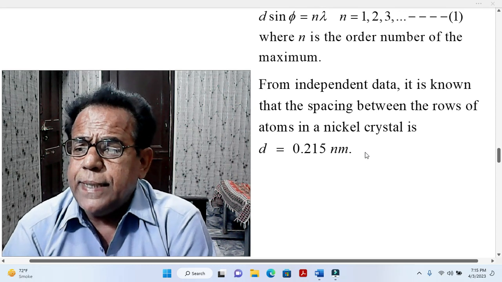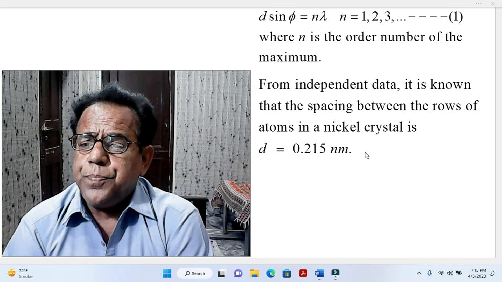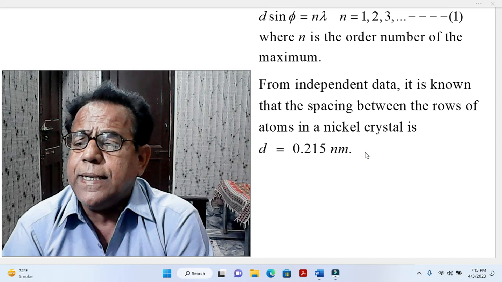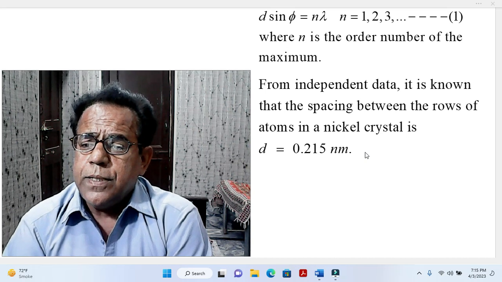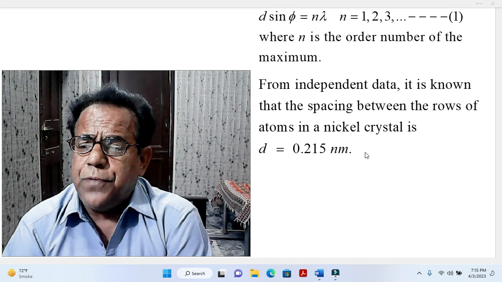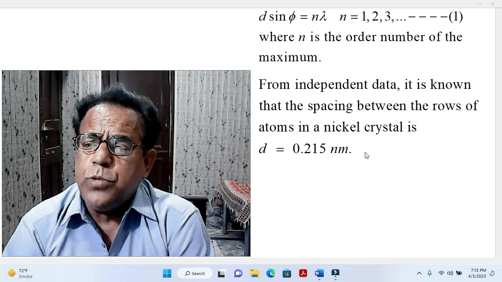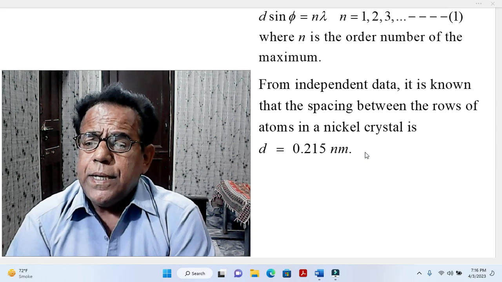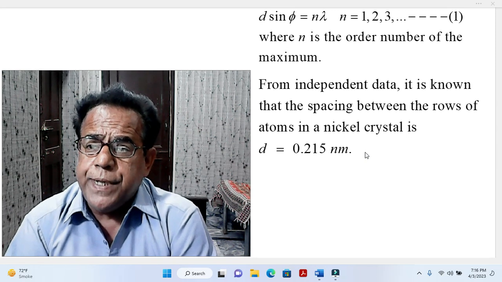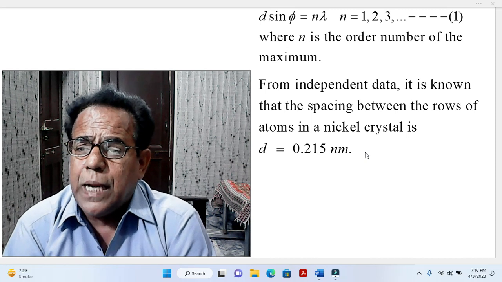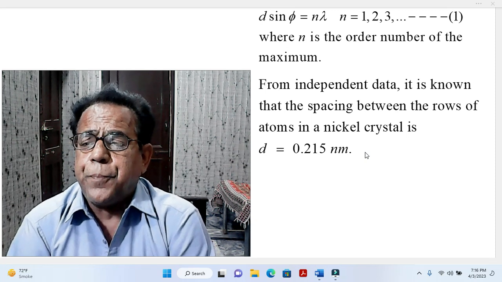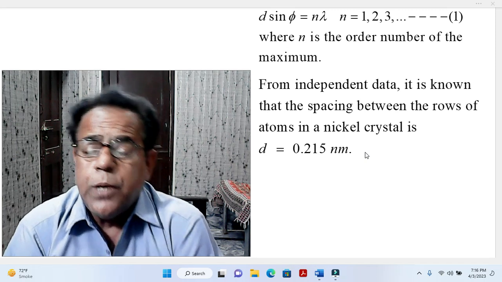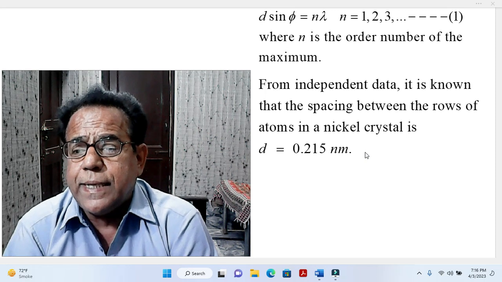From independent data it is known that the spacing between rows of atoms in a nickel crystal is 0.215 nanometer. So according to this expression, this spacing will take the place of d in d sine phi equal to n lambda. So this is d. This wording has also been chosen from the same book Modern Physics by Kenneth S. Crane.